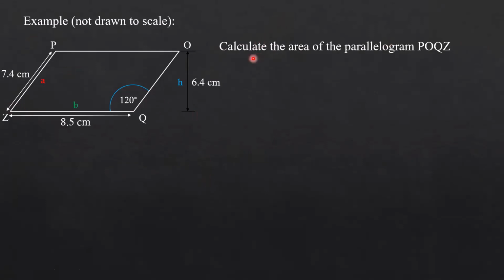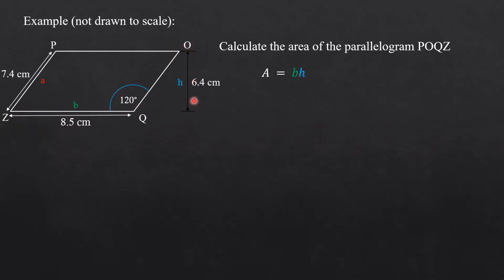Now, using the first formula, which is the easiest one to use once you have the base and the height, usually it's the easiest with the triangle and with the parallelogram. A is equal to base times height. The base is 8.5 centimeters, and the height is a perpendicular length, right? This line here is perpendicular to the base.